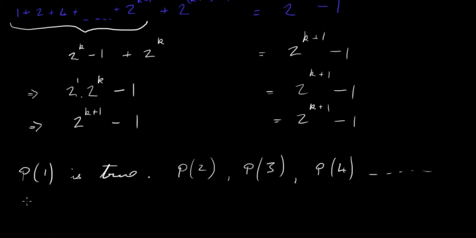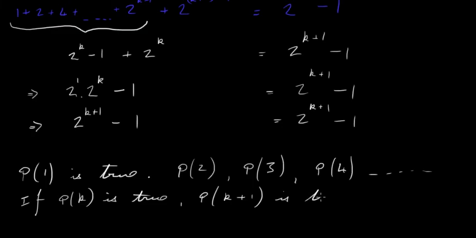This is true. If you would write it like this, if P(k) is true, then P(k+1) is true. I think I've written that right, have I? I'll just rewrite it here. So if the proposition is true for k, it's true for P(k+1). We know it's true for P(1).